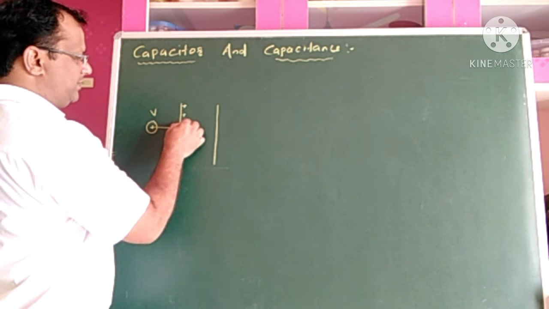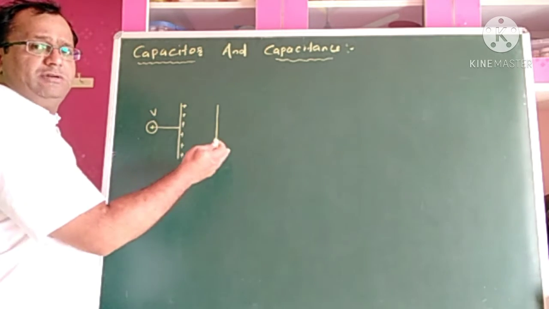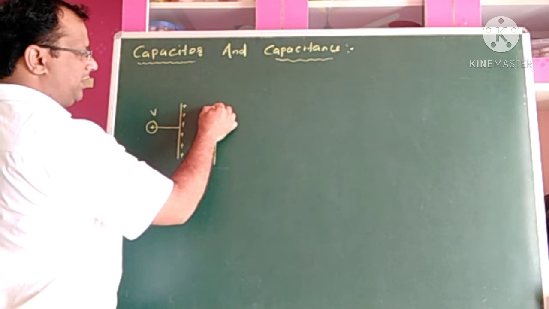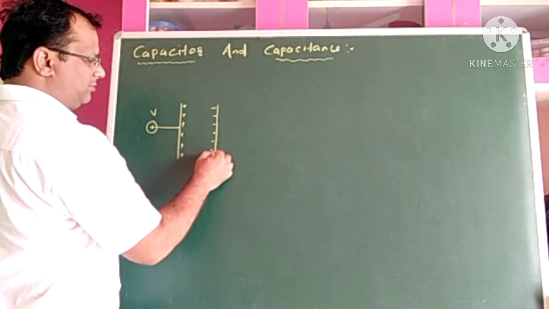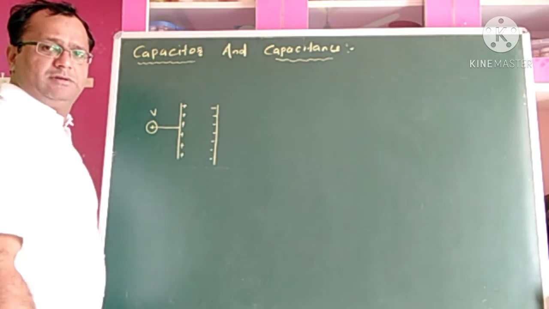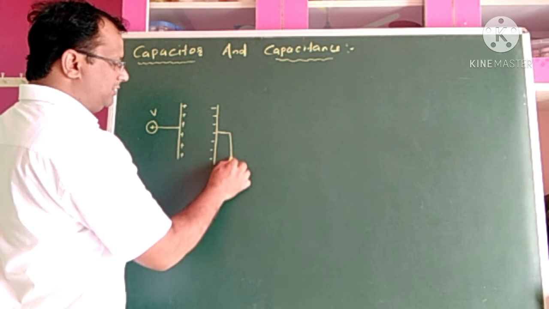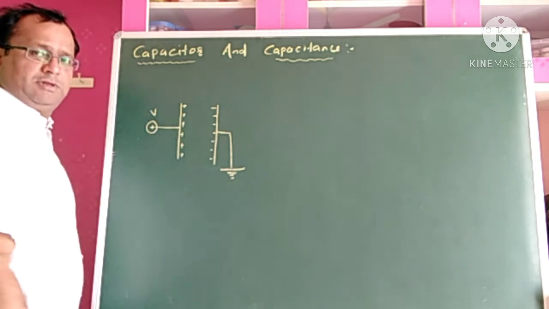Positive charges are deposited on the inner side of the first plate, and negative charges are induced on the inner face of the second plate, and the other side of the second plate is earthed. Right?